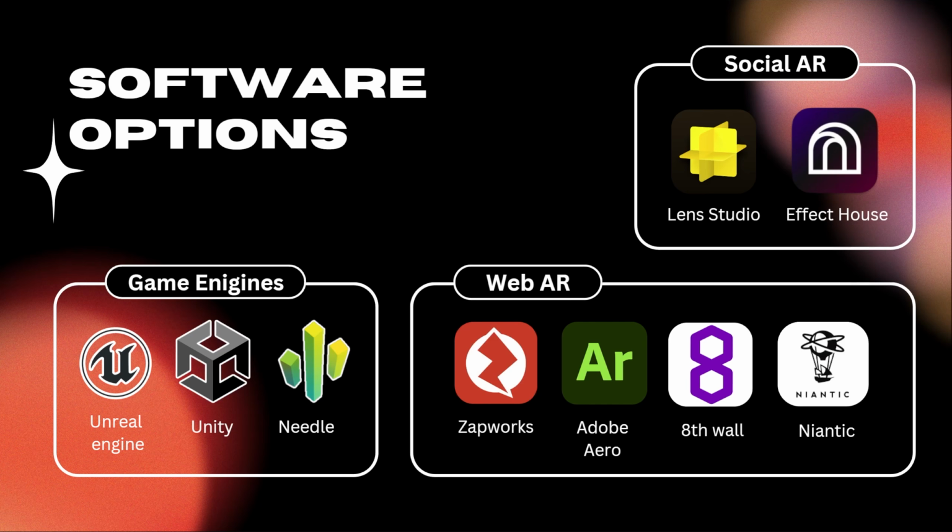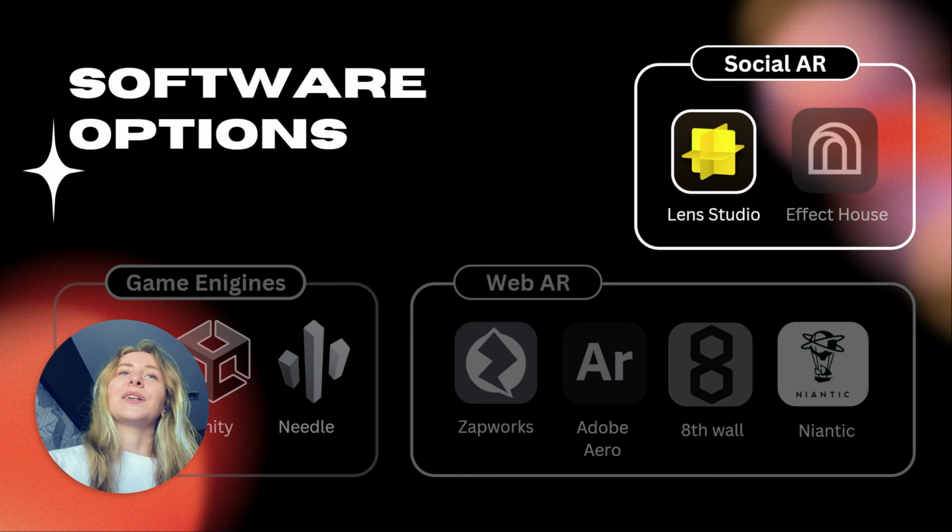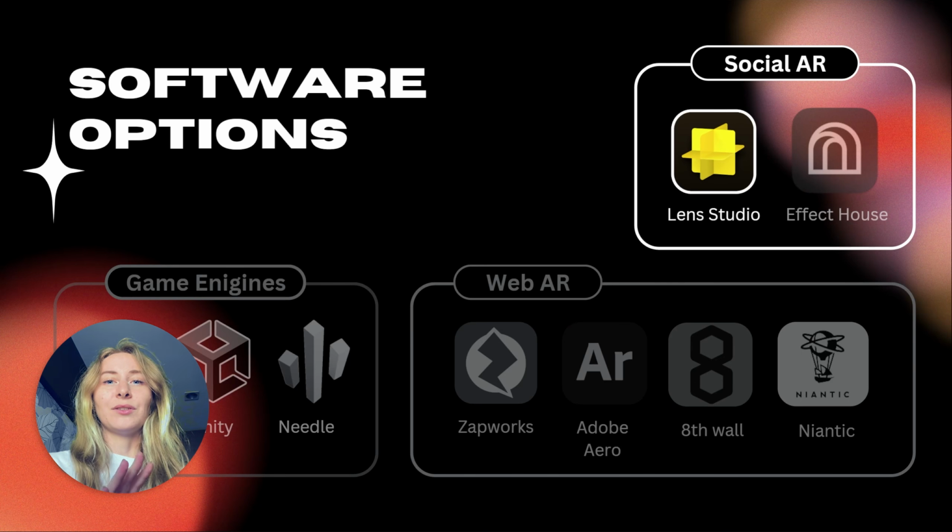For this, we have some software options. And if you want to go deeper into the topic and try out some other software, now's the time to make a screenshot. We will focus on Lens Studio today because it has many advantages over the other options. It is very easy to get started. You can test your effect right away in the Snapchat app.